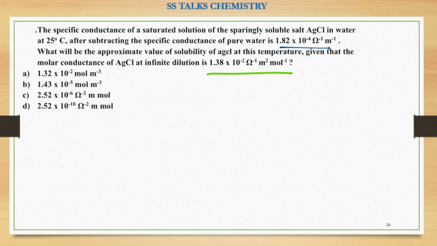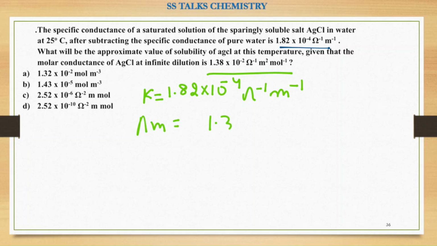The kappa value given is 1.82 into 10 raised to the power of minus 4 ohm inverse meter inverse, and the lambda n is given as 1.38 into 10 raised to the power of minus 2.